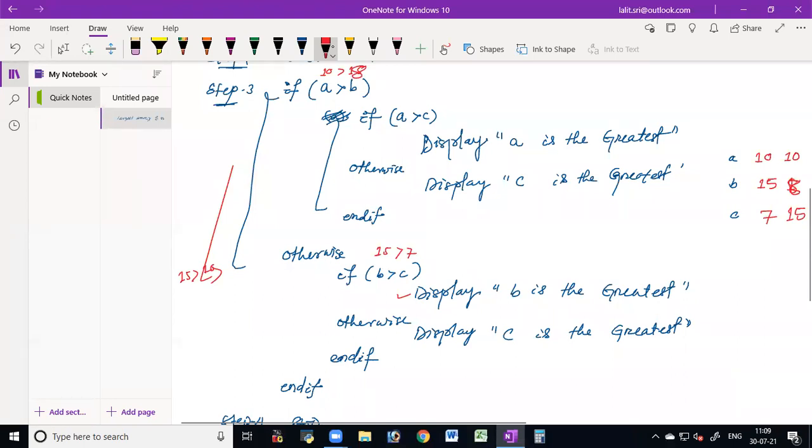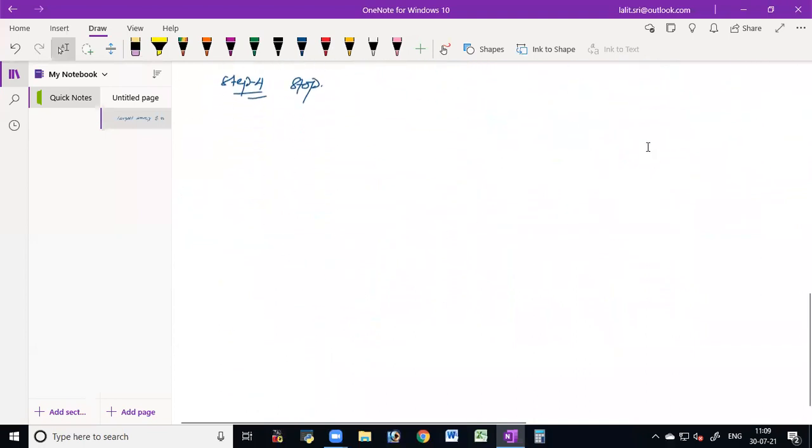Yes, true. So go to this. Then 10 is greater than 15. No, come to this. 15 is the greatest. You can check with any three numbers. It will work. Another method is also there for checking which of three numbers is the greatest.